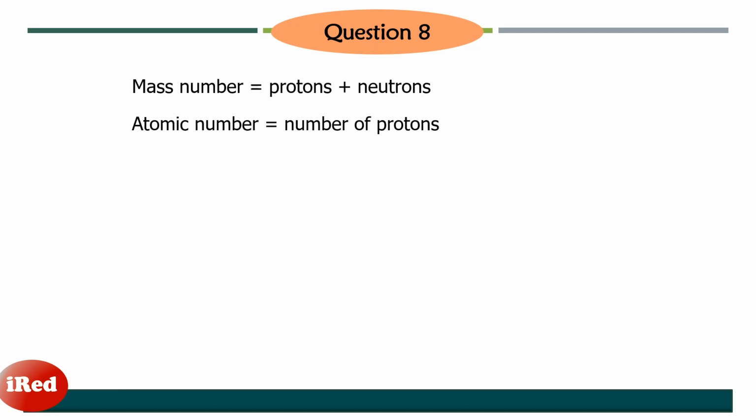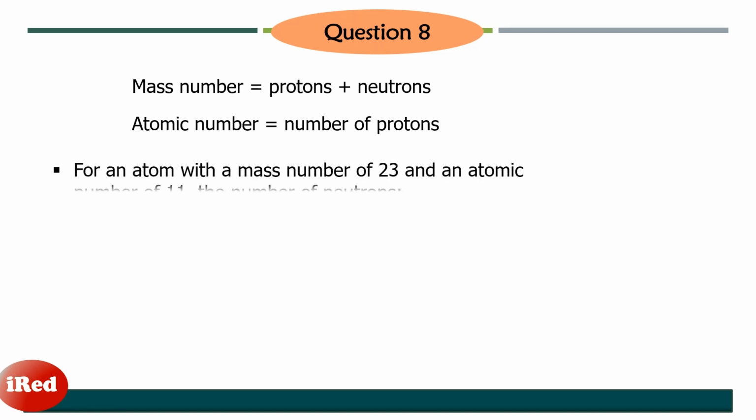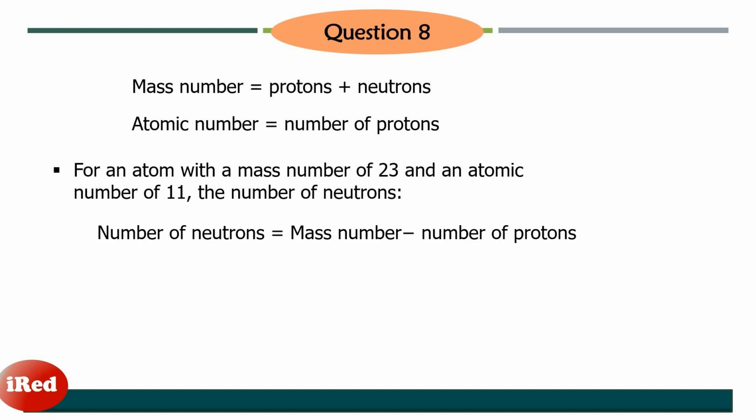The atomic number is the number of protons in the nucleus of an atom, which also determines the element's identity. For an atom with a mass number of 23 and an atomic number of 11, the number of neutrons can be calculated by subtracting the number of protons from the mass number. Number of neutrons equals mass number minus atomic number, which equals 23 minus 11, which equals 12. So, the atom has 11 protons and 12 neutrons.